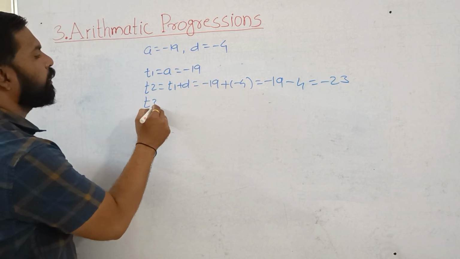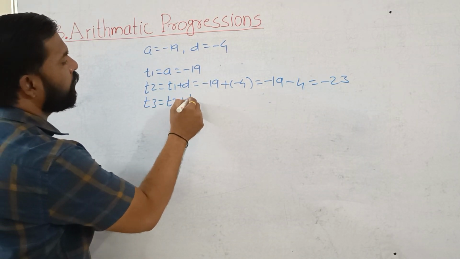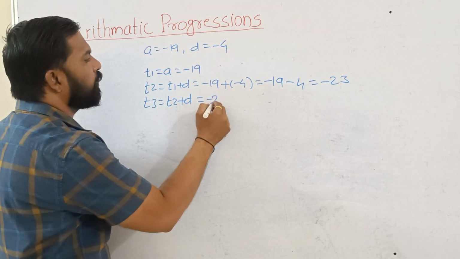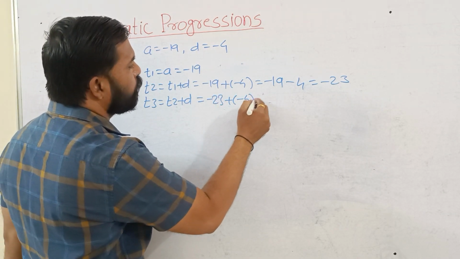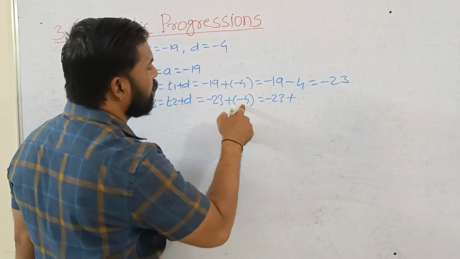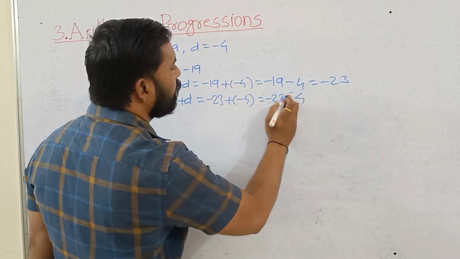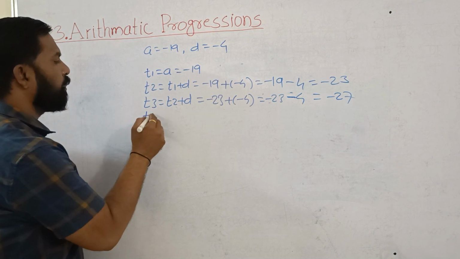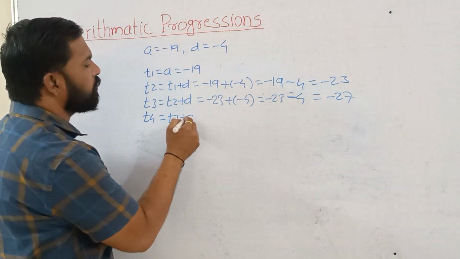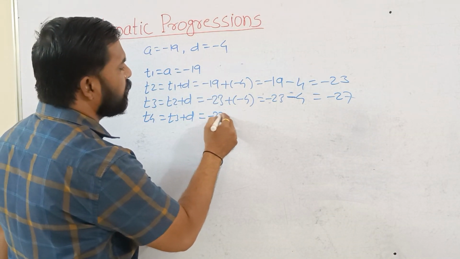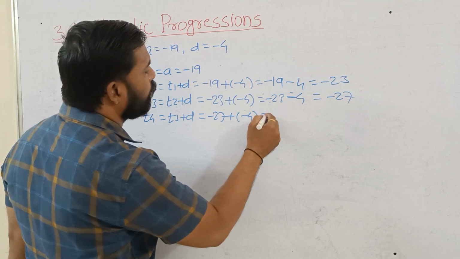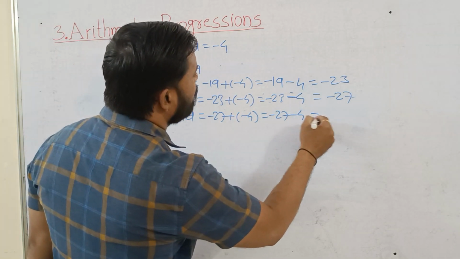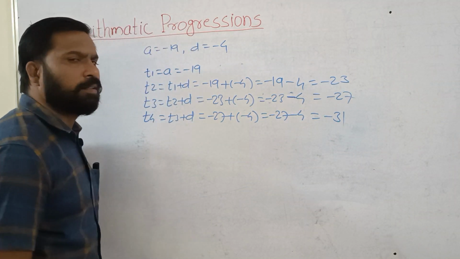T3 is T2 plus D, which is equal to minus 23 plus minus 4, which is equal to minus 27. T4 is equal to T3 plus D, which is minus 27 minus 4, minus 31.